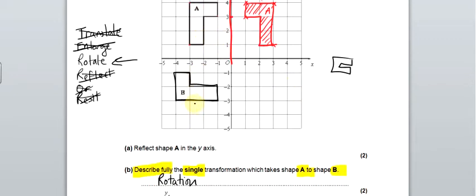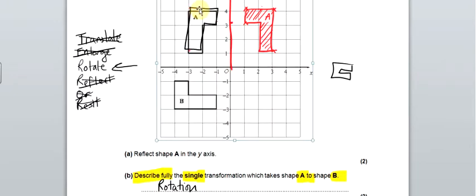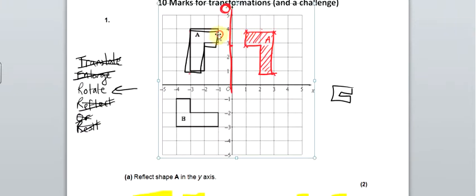The next thing to say is the angle and direction. So that's a bit trickier. Well, I can do that with my tracing paper as well. If I go back to my original shape, remember it's A to B, then it's going to be a rotation, and I've got to go round. Try again.